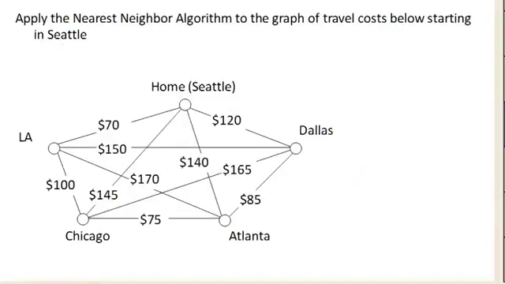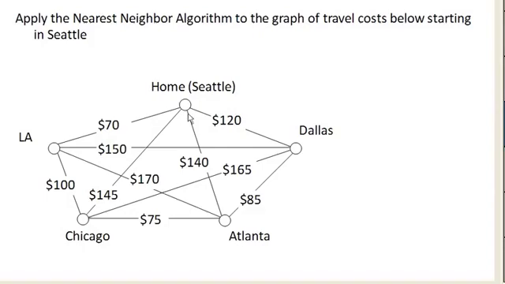So suppose that we have a salesperson who needs to travel to Seattle, LA, Chicago, Atlanta, and Dallas on business, and figures he'll just go to each of the cities and return home, and wants to minimize the travel cost. And so we looked at some flight costs here, and let's see if we can find a pretty good, at least, circuit using the nearest neighbor algorithm.